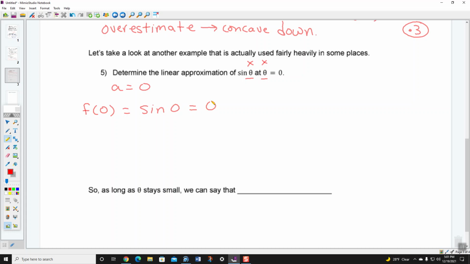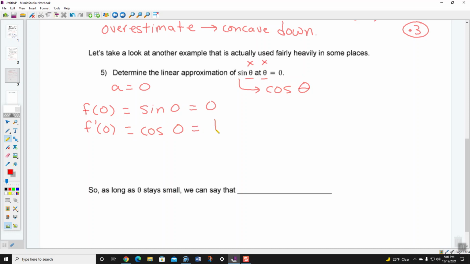And, well, if we go f prime of 0 here, again, the derivative of the sine of theta would be the cosine of theta. So if I put 0 in for theta, this becomes the cosine of 0 again. And that, my friends, is equal to 1.